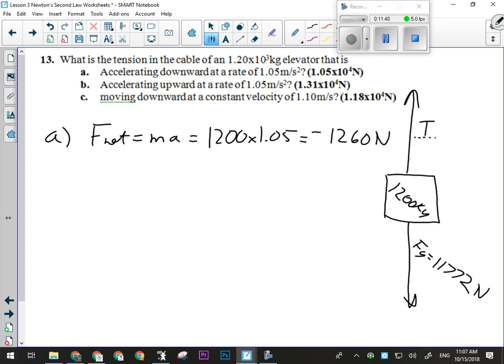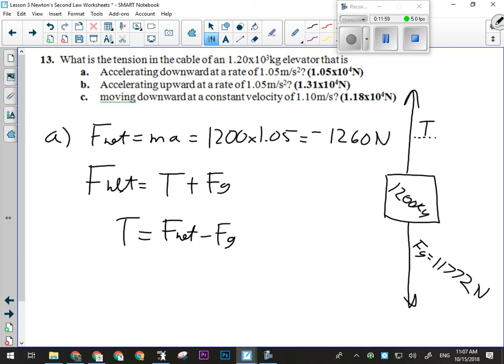Now that I know that, I can go to this. F net is also the vector sum of all forces, which is tension plus gravity. So if I want to find the tension, I'm going to take the net force and subtract the force of gravity, which is also negative because I already made down negative.